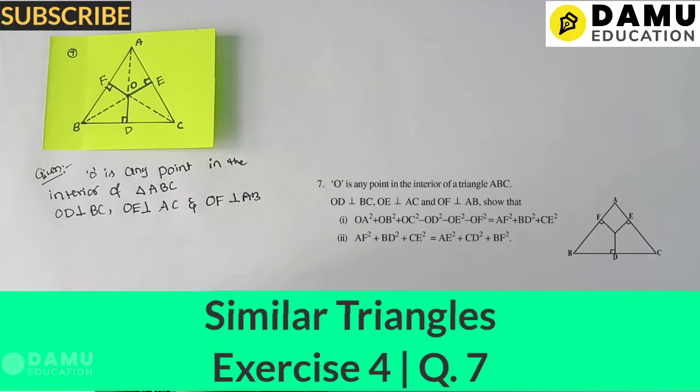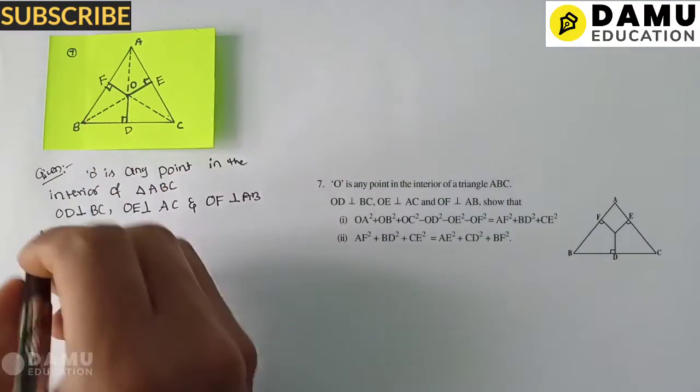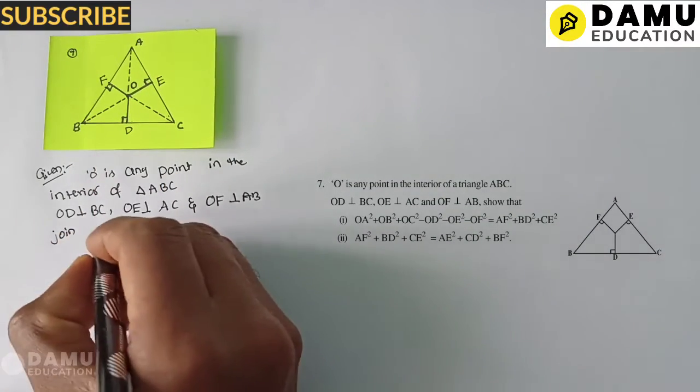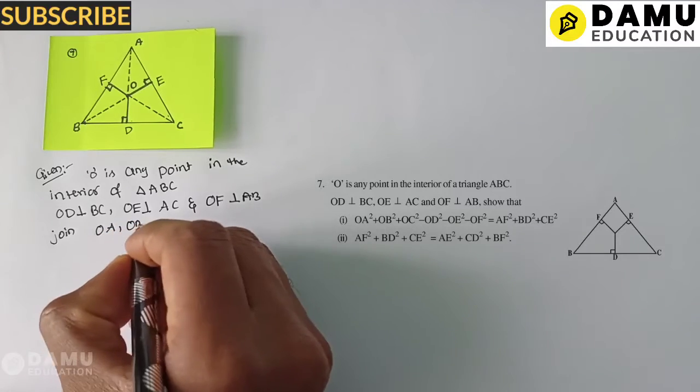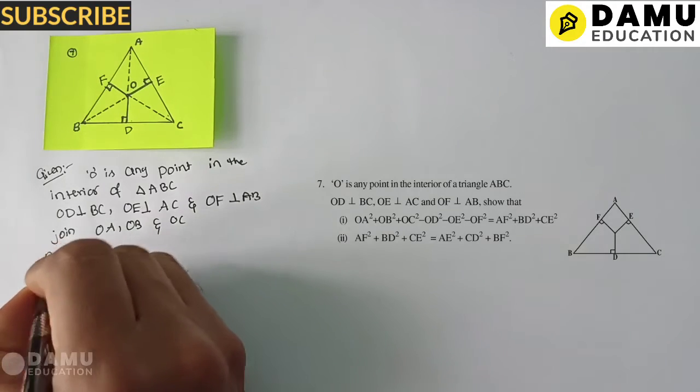So first of all, let's join OA, OB and OC. So join OA, OB and OC. In order to prove the given conditions, we require RTP, required to prove.